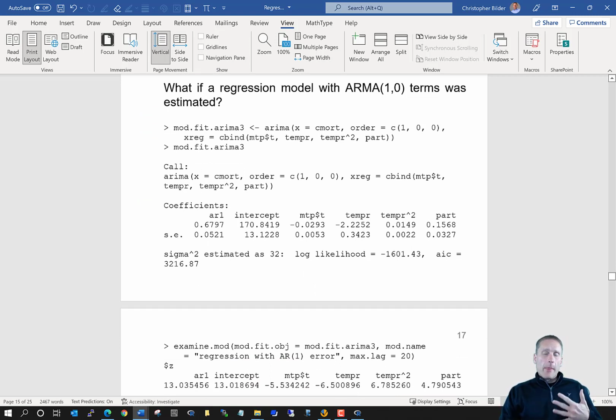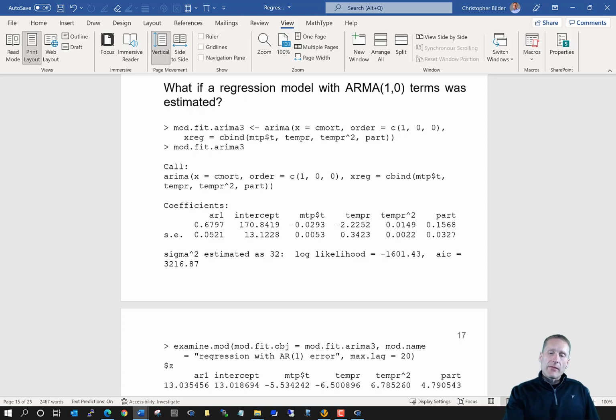Now I purposely estimated the model with the AR2 model to try to duplicate what the authors did in their book. And yes, we've duplicated what they've done. But let's say we didn't know what kind of model to use at the very beginning. What could we do?